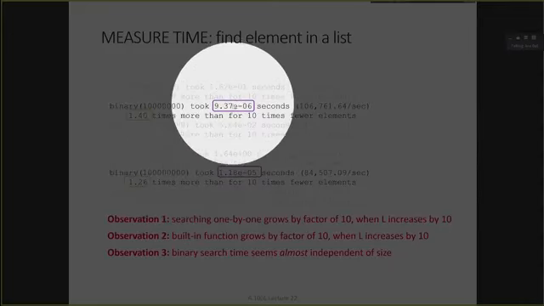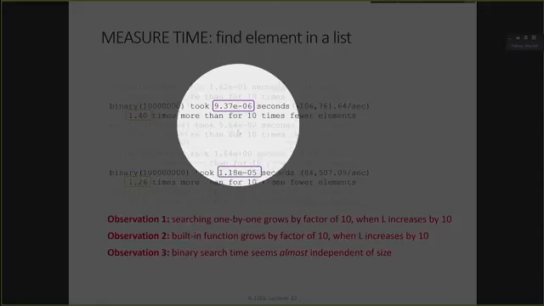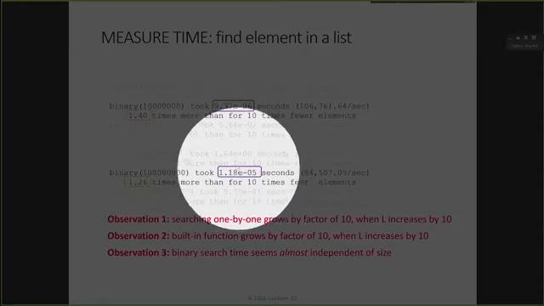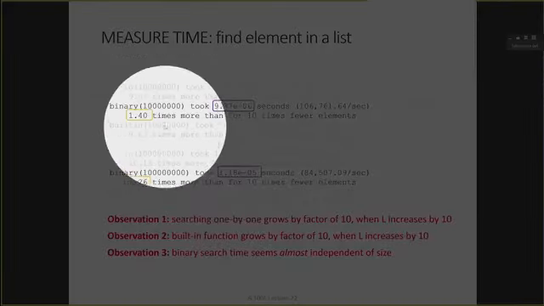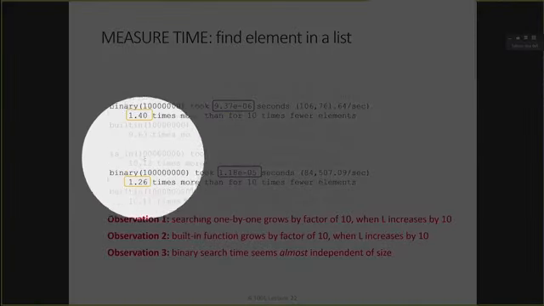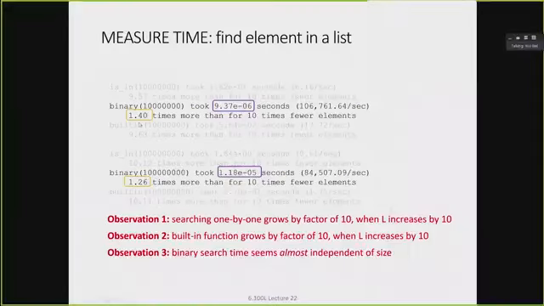The time increases from 9 times 10 to the negative 6 to 1.1 times 10 to the negative 5, and so the factor, how many more times it took, is very unclear. It's not quite 1. If it was 1, that meant it's independent, it's constant. It doesn't matter what the input size is. It's always going to give us this amount.